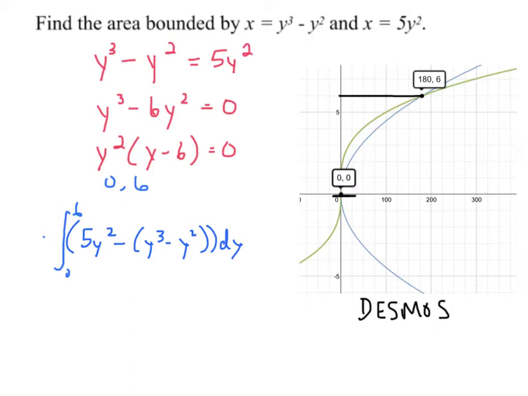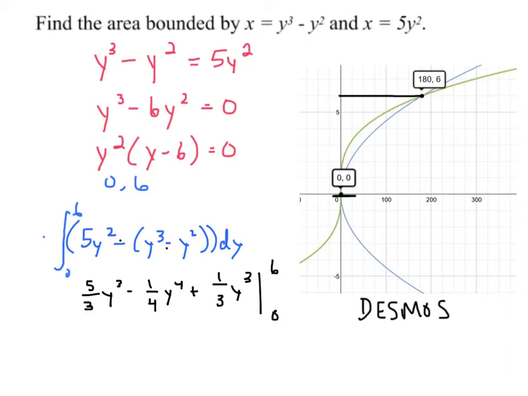You want to put that in parentheses so you don't miss any signs. Now let's do the antiderivative. So we got 5/3 y cubed minus 1/4 y to the 4th plus, because it's minus a negative, right? Minus a negative right there. So plus 1/3 y cubed, evaluated 6 and 0.